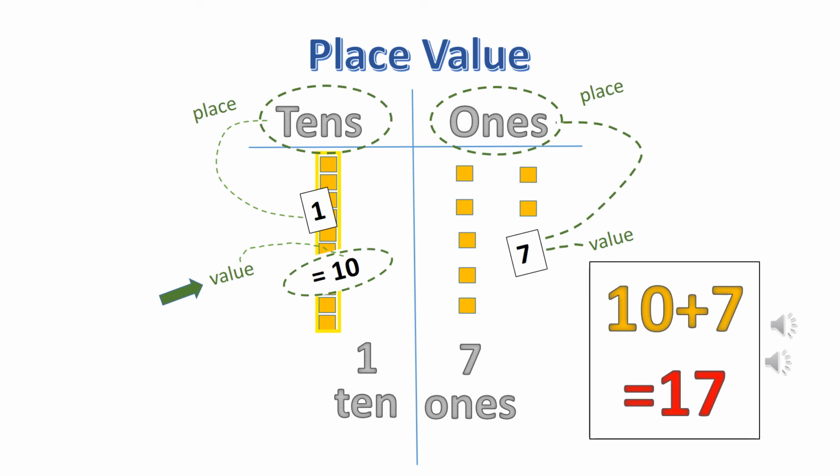So look at the bottom of the page. 1 ten and 7 ones gives us the number 17. When we put the number 17 in a place value chart, we put the 7 ones in the ones place, and we put the 1 ten in the tens place.